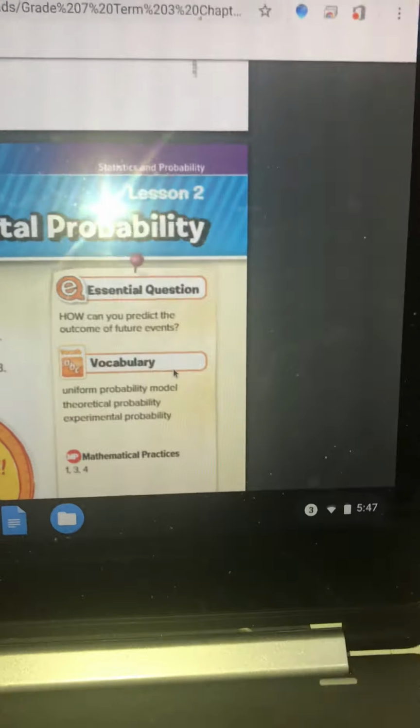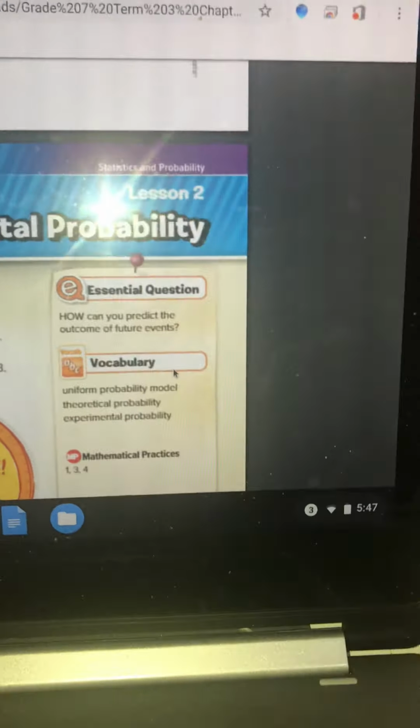That is why I'm calling it biased and not unbiased. This is biased because it is not uniform. This is unbiased because it is uniform. The size of the heads is the same as the size of the tails, okay?